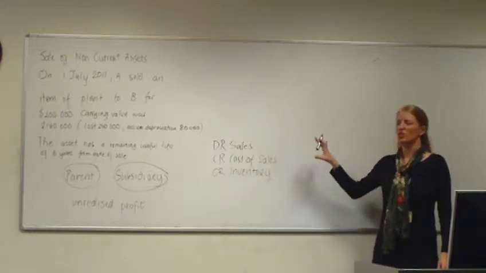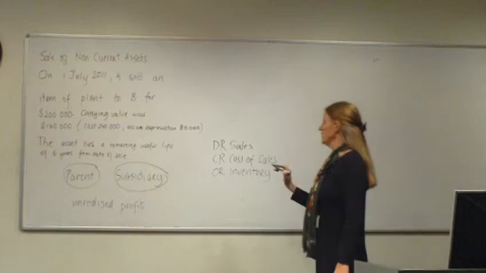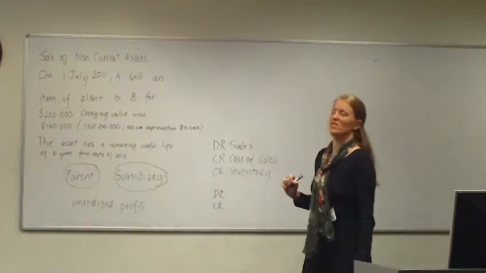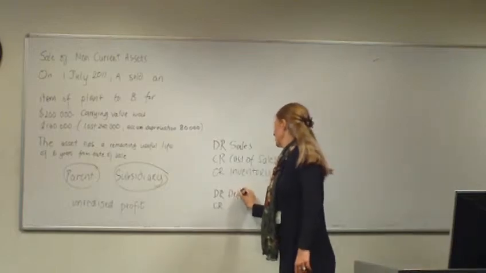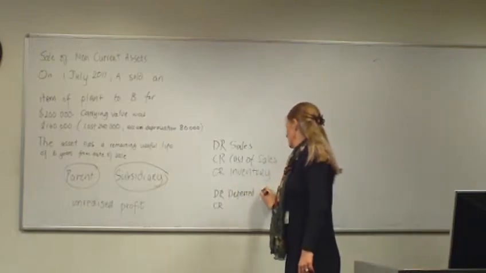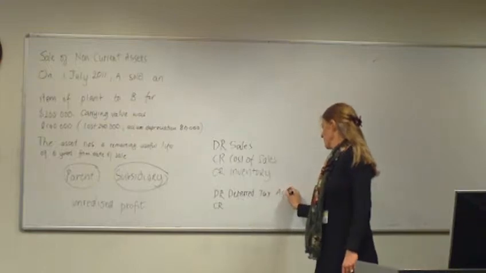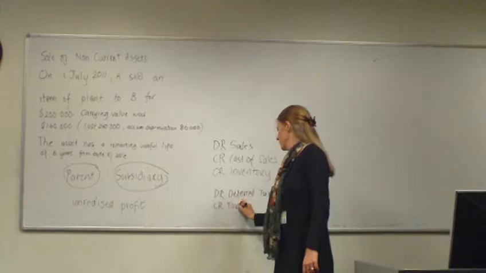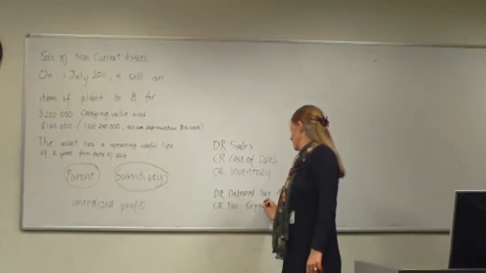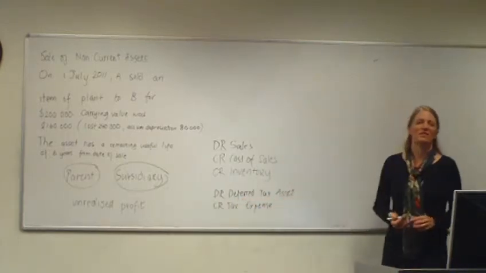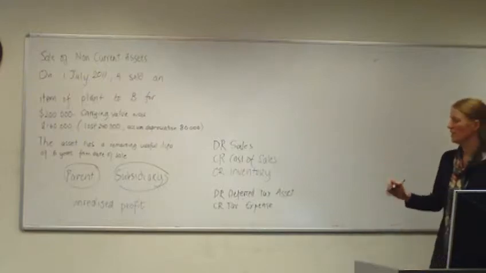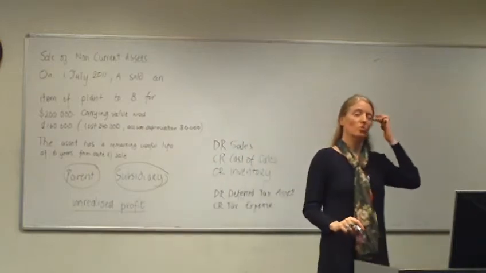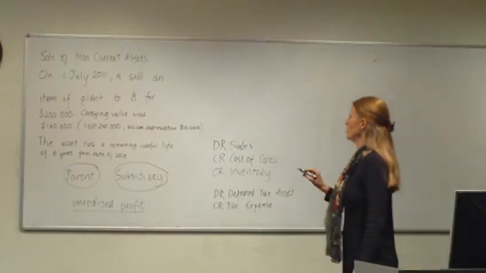That was the first journal entry, and the second one was debit deferred tax and credit tax expense. So that was last week, where we had unrealized profit on a sale of inventory.